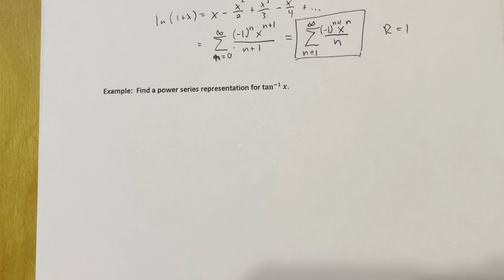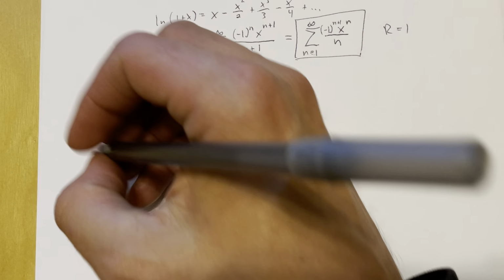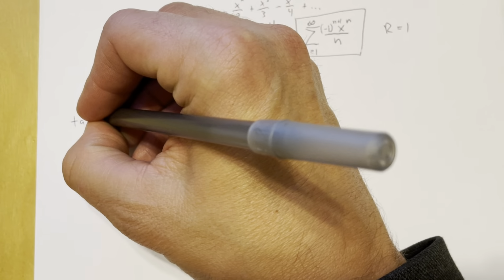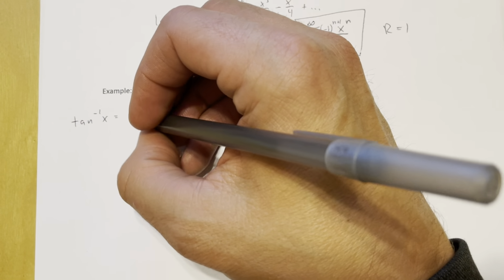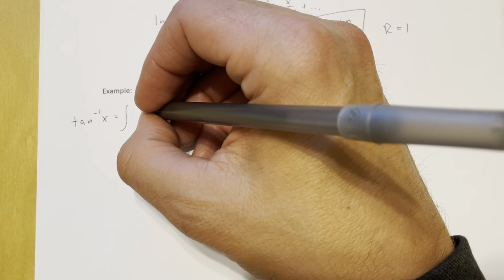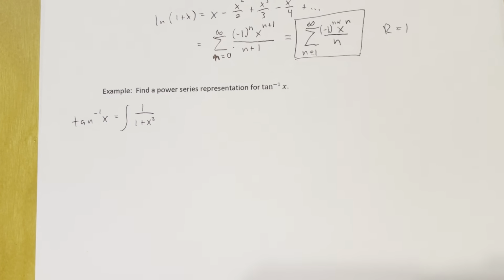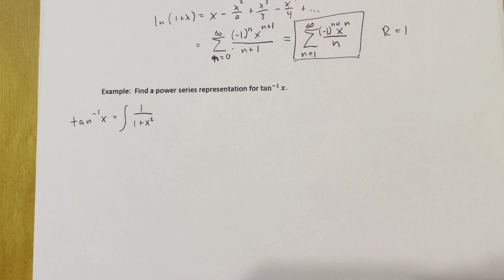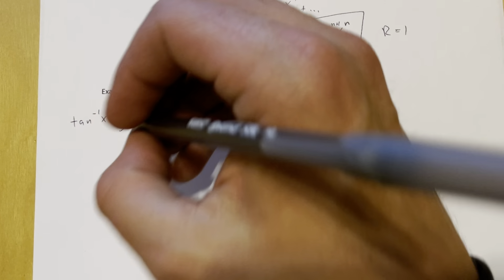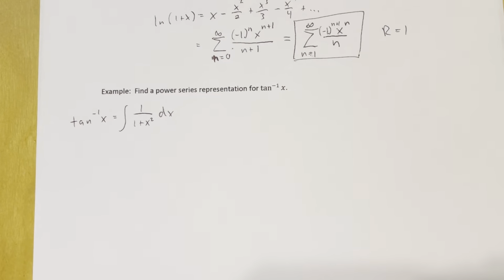So I know that the inverse tangent of x is equal to the antiderivative of 1 over 1 plus x squared, or at least it's an antiderivative for that function. I should include a dx in there as well.